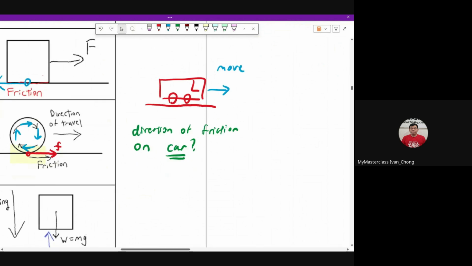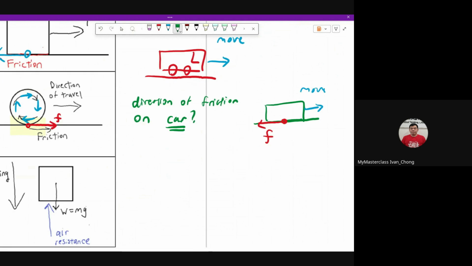When we look at this kind of question, we'll treat the car as one box. So if my box is moving to the right, where's my friction? My friction will definitely be to the left. This is friction.